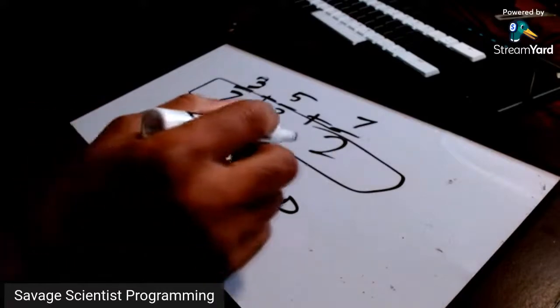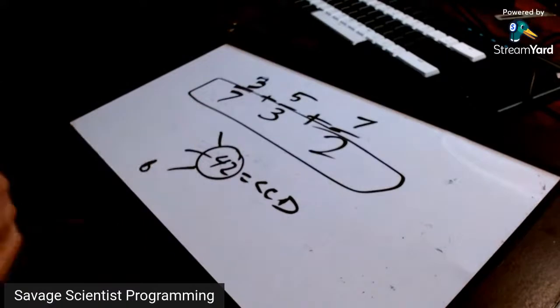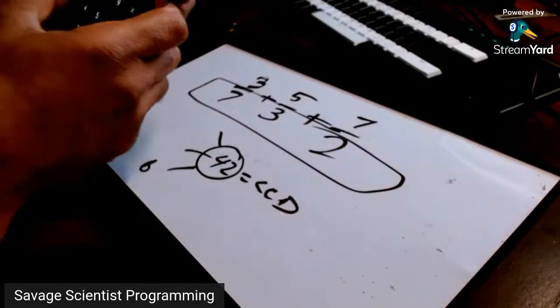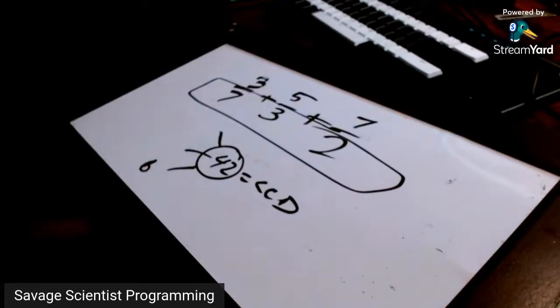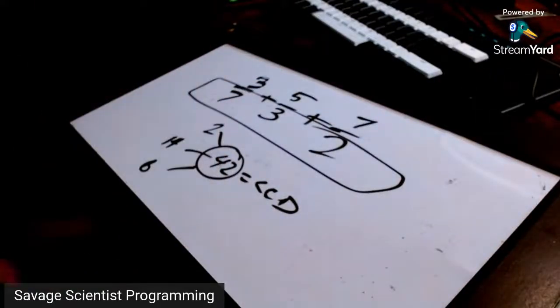So we're gonna have 7 go into 42 6 times. 3 go into 42. Let me get my calculator out. 42 divided by 3 is 14. And the 7, so that's 2.